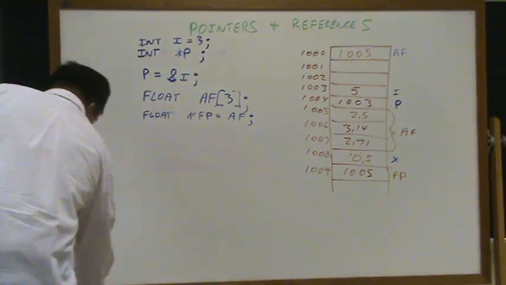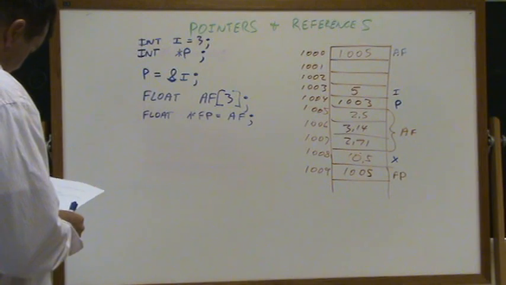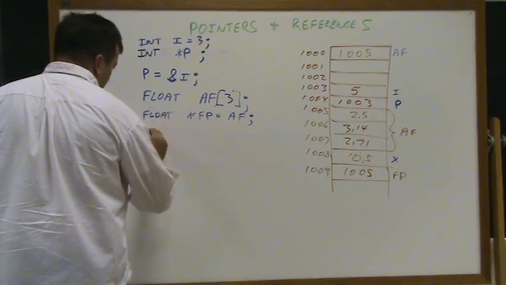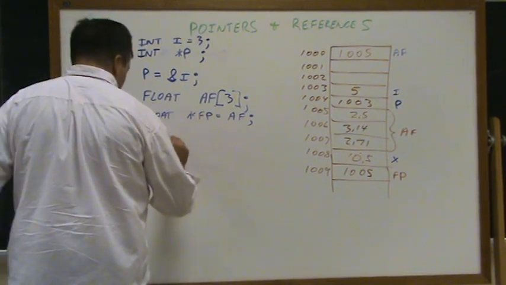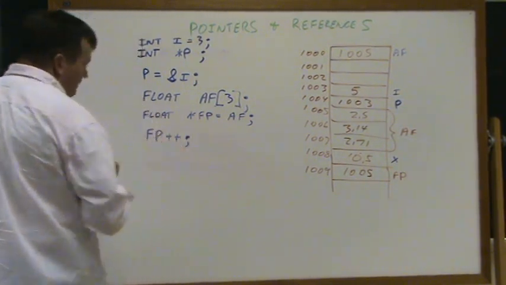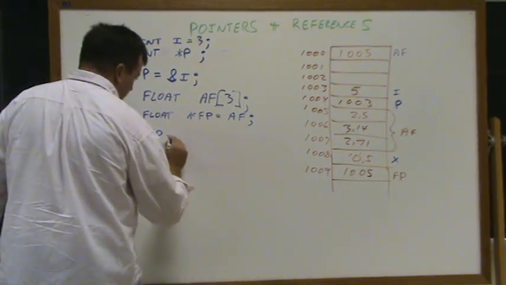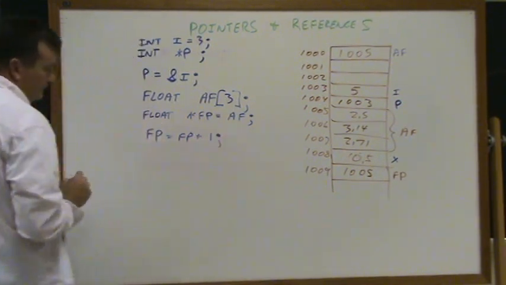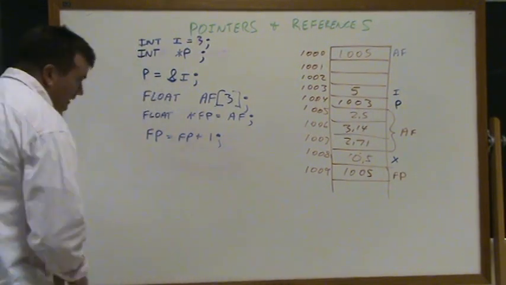But now what I can do is say FP plus plus, which, as you remember, plus plus is the same as doing this. And what that would do is do this.